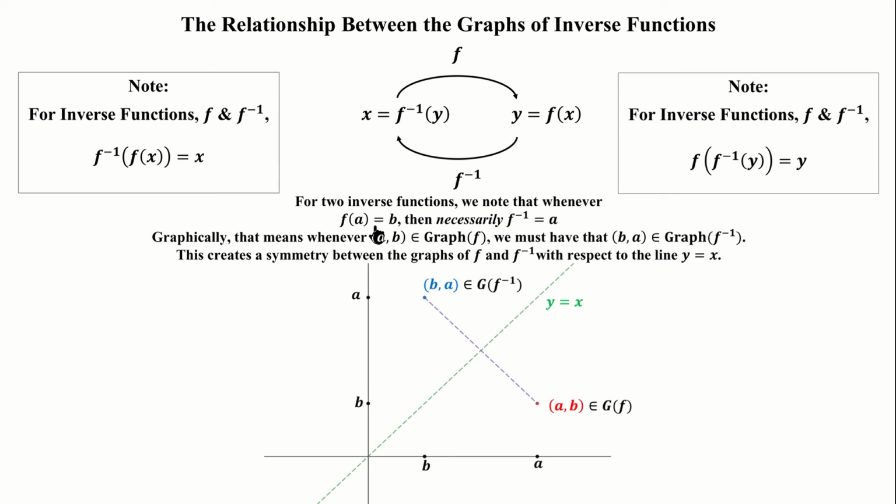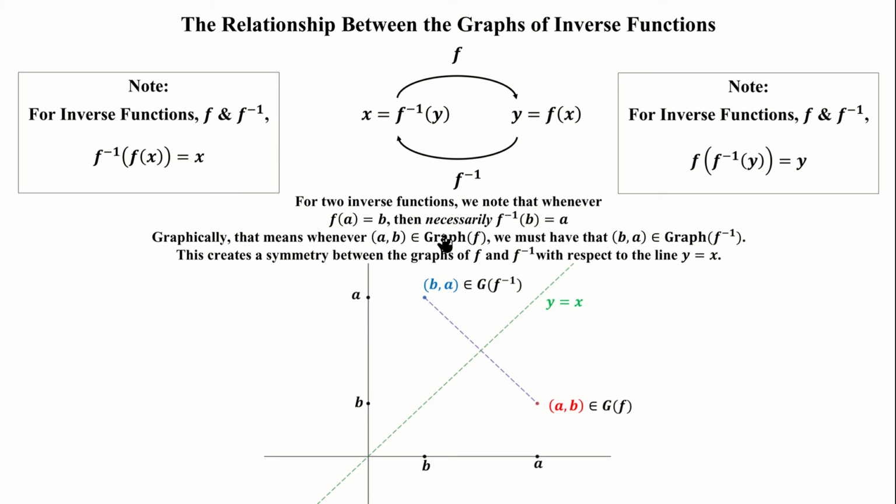Because if f of a is equal to b, this is what we mean by saying (a, b) is on the graph of f. Notice that f inverse of b is necessarily going to be a. That's the way inverse functions work. If f sends a to b, f inverse is going to send b back to a.